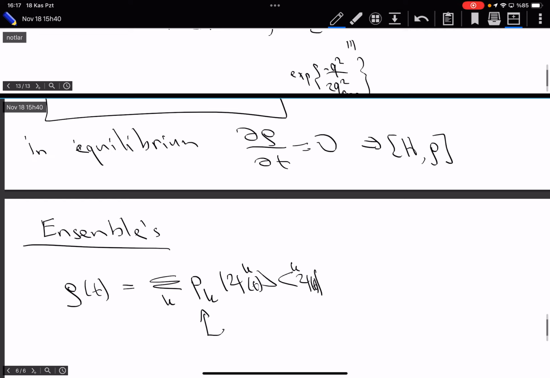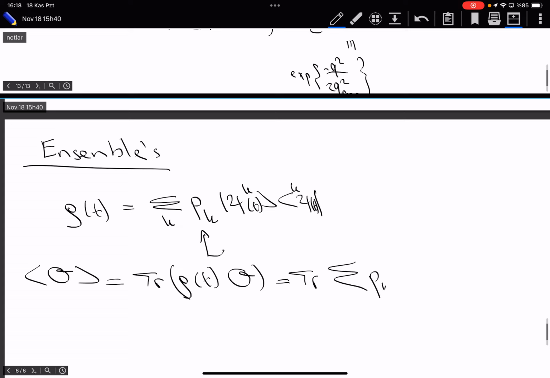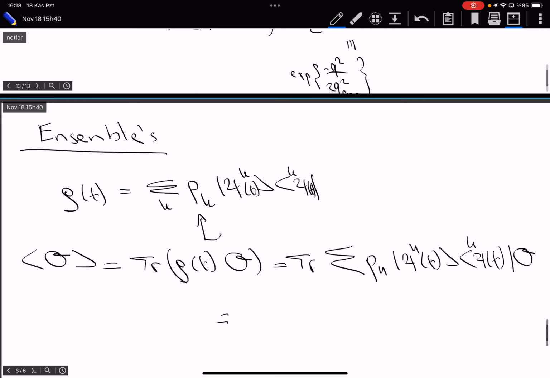This summation over k is a summation over the copies in the ensemble. So if we want to calculate the average of any quantity O, this will be equal to the trace of rho of t O, which will be the trace of the sum over k of p_k psi_k of t psi_k of t, O, which is the sum over k of p_k, psi_k of t, O, psi_k of t.